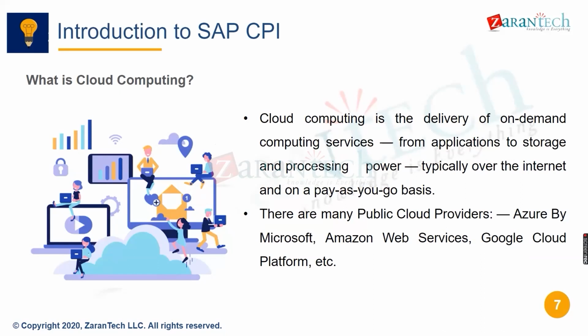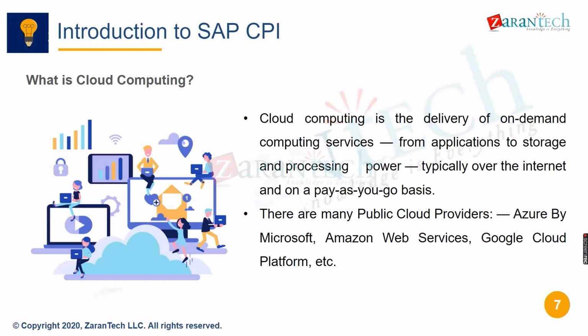But if you put all the servers and everything in one place that sits on the internet, that is what we call cloud computing. Whenever you hear the word cloud computing, it means the computing happens on the internet. By using the internet, you do all the operations.